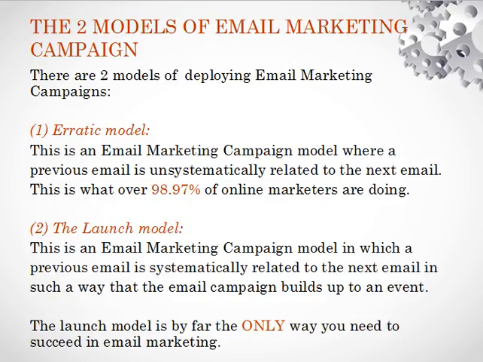Now, the erratic model is an email marketing model where a previous email is unsystematically related to the next email. So you are guessing what your customer or your prospect wants. So this is a guess, and you send an email based on your guess.